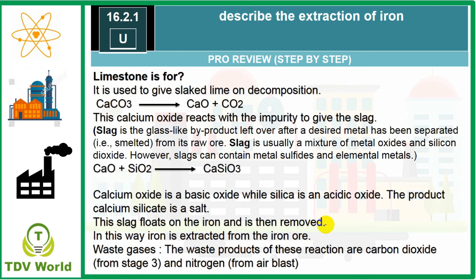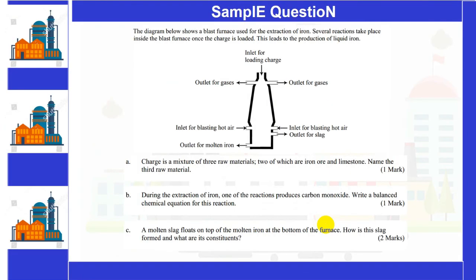So calcium oxide reacted with SiO2, that is sand, and after that this slag is formed, CaSiO3. This is slag. So you have to write this reaction as well as the constituents. Very simple thing you have to do.